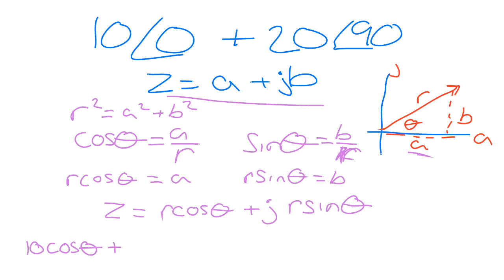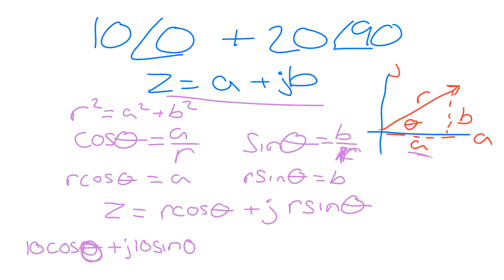Plus j 10 sine. I'm sorry, we do have the angle. It's actually 0. Sine 0. That should be a 0. And so this should be a 0 right there.